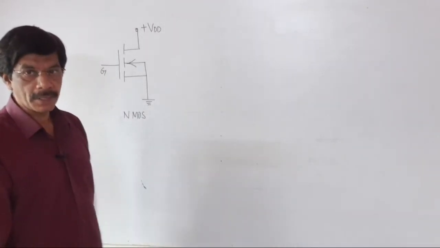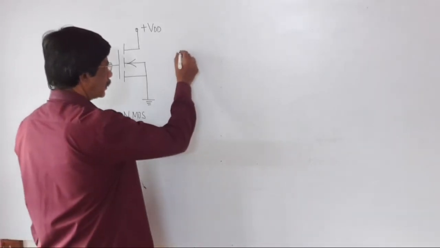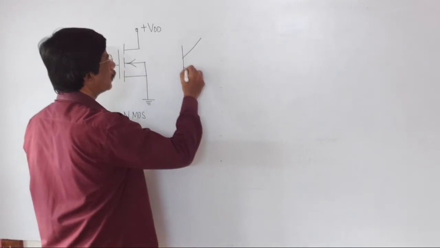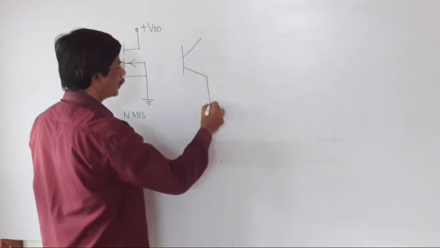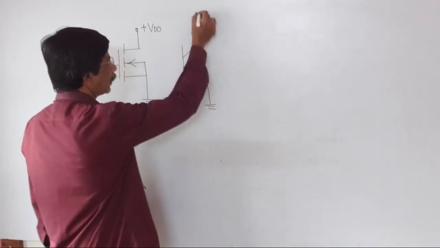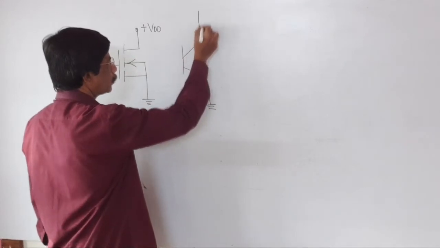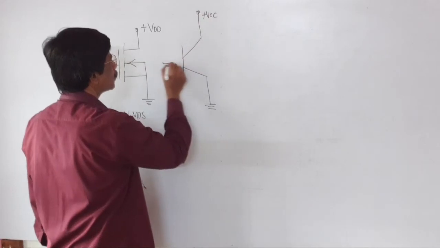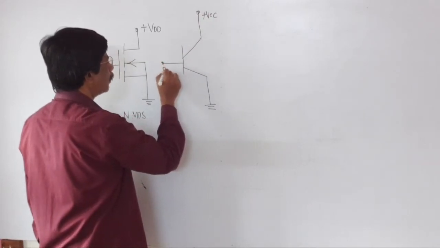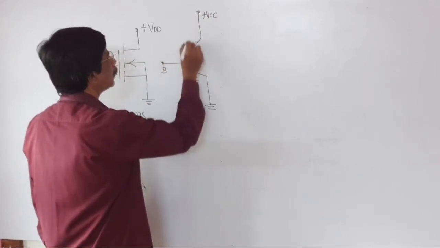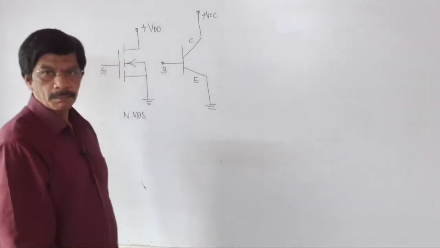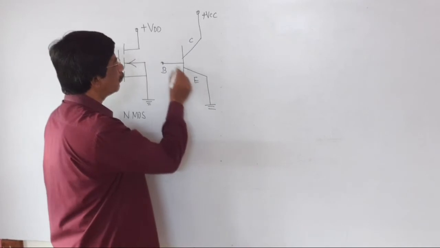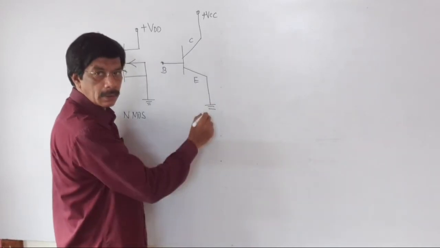Similarly, for the NPN transistor, this is the base terminal, this is the collector terminal, this is the emitter terminal. The emitter terminal is grounded, and the collector terminal is connected to the positive of the power supply VCC. But in the case of the NPN transistor, the arrow is moving from the base terminal to ground.